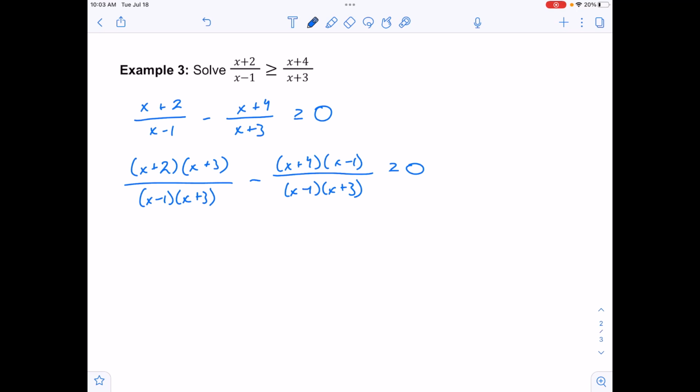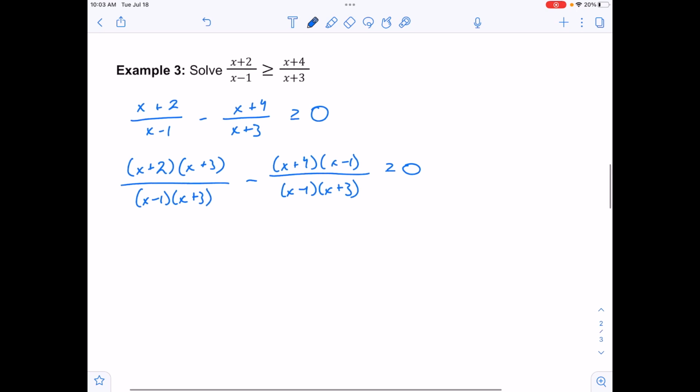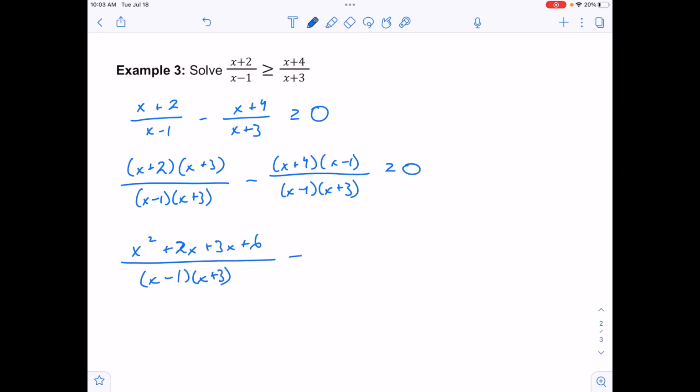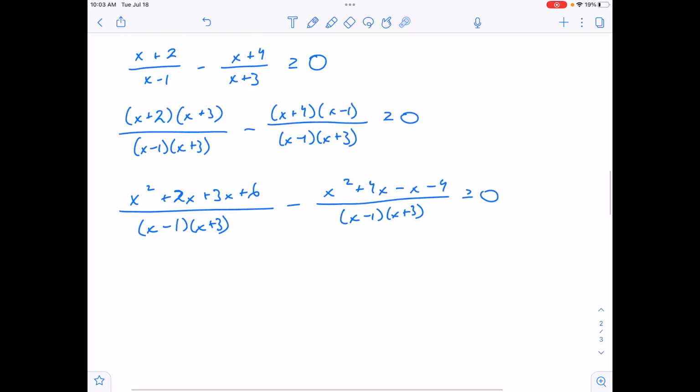denominator I can combine, but first things first, I'm going to expand my numerators. My first numerator I'll FOIL out. It'll be x squared plus 2x plus 3x plus 6. My second numerator will be x squared plus 4x minus x minus 4. And I'll combine. I see I've got x squareds that will end up canceling out.